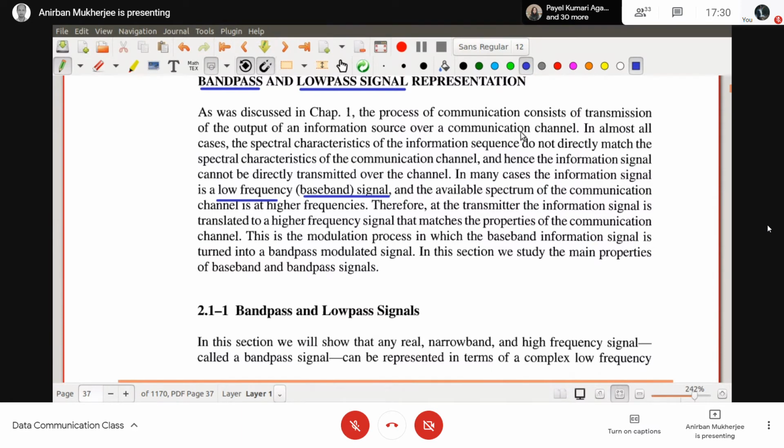Please try to understand, these lines are deadly. The process of communication consists of transmission of an output of an information source over a communication channel.